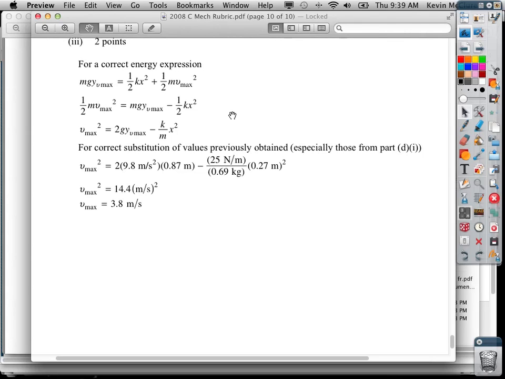That's why they wrote y max. So they're saying that potential energy equals some amount of stretch, because this has some stretch, right? It has to have enough stretch so that the force of the spring, or the elastic force, is equal to gravity. We calculated that already. We don't have to do anything new. It's part one. And then v max is what we're looking for. So plug it all in, solve for v, boom, done.